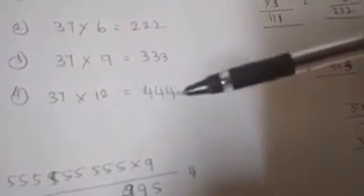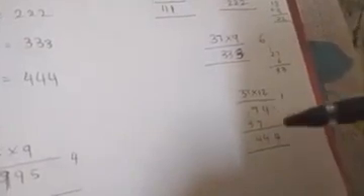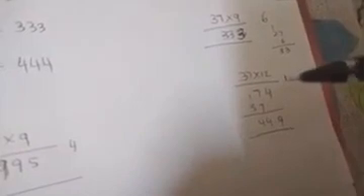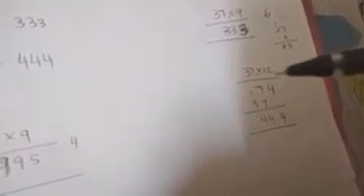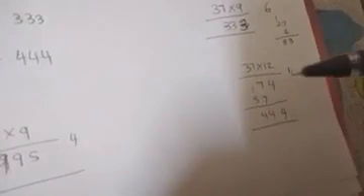See, 333 after multiplying. 37 multiplied by 12, 444. How? See here, 37 into 12. We have to multiply. 2 7s are 14, 4 and 1 balance, then 2 3s are 6. 6 plus 1, 7. Next, 1 7 is 7, 1 3 is 3.